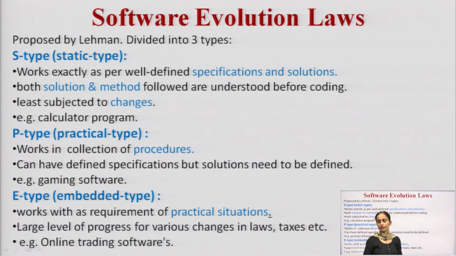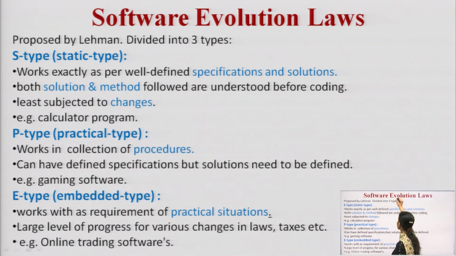Then there are some laws defined for software evolution, because it is defined as a global process. It is not that my company can evolve the software in one way and some other company in a different way. So, it is a globally defined task.